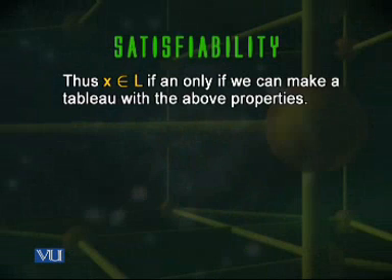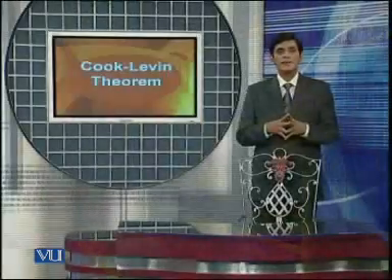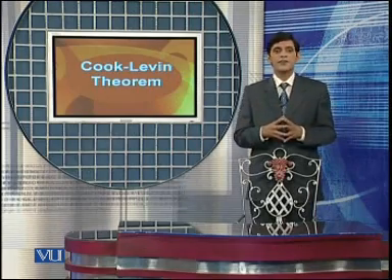Let X be a string in L. Well, X is in L if and only if we can make a table that satisfies the above properties. But now we do not want to think about this table. What we now want to think about is an instance of satisfiability.